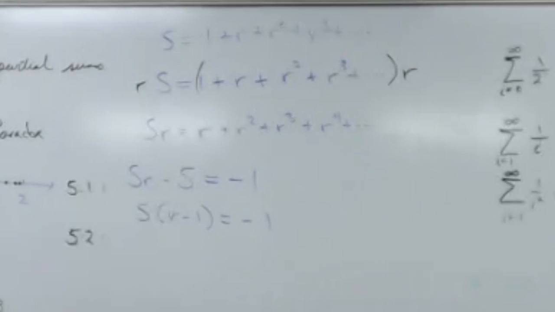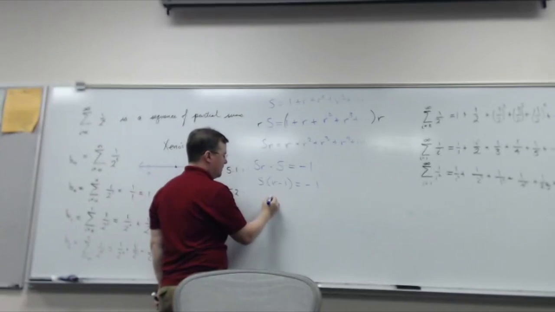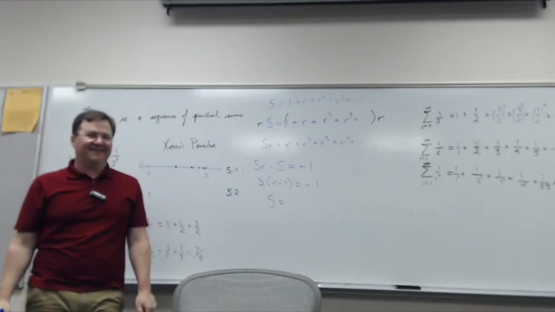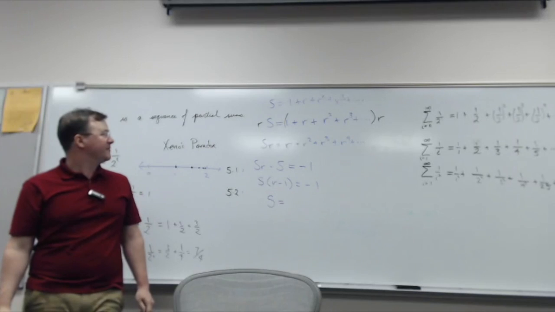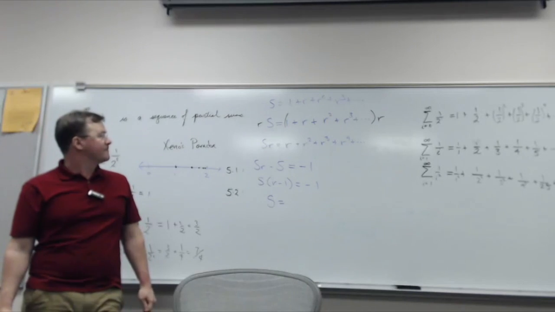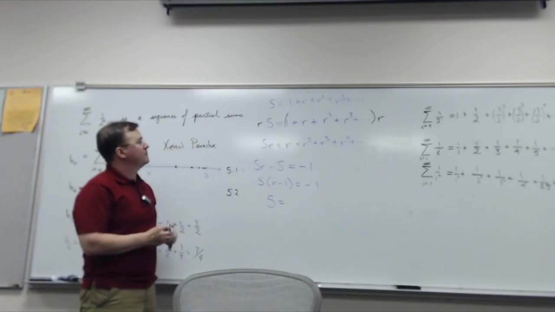Okay. I got you. So we start off at the top. And then we multiply it on both sides. I got rid of the 1 plus R plus R squared, so we now have R plus R squared plus so forth.